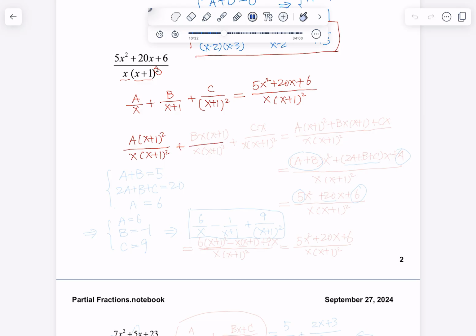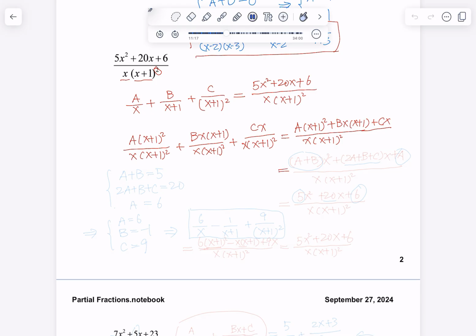For the second term, you will make the common denominator. Then you multiply b by x times x plus 1. And for the third term, it will be c times x divided by x times x plus 1 squared. Now you can sum them up. You will get, there's a missing x here, x times x plus 1 squared, a times x plus 1 squared plus b times x times x plus 1 plus c times x.